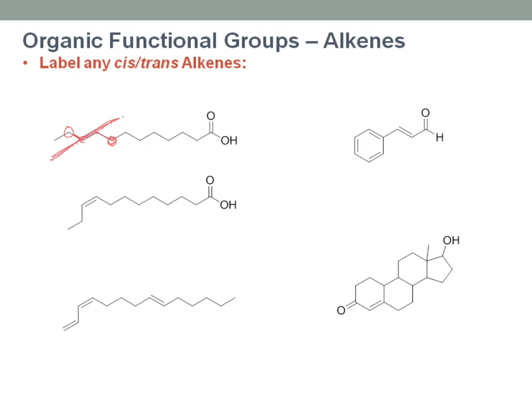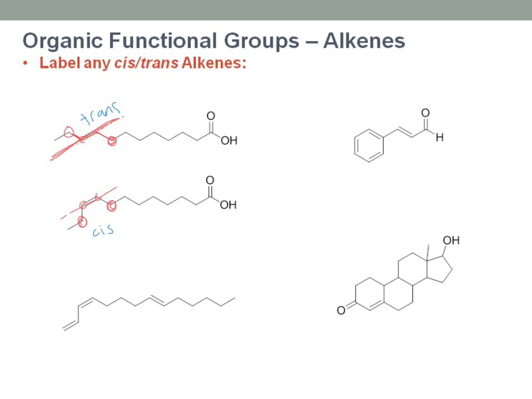Those two groups are on opposite sides, so this must be a trans alkene. If I look at this one, again, here's my C=C double bond. Again, here's that line, but I have a group here and a group here. Those two groups are on the same side of that line, so this must be a cis alkene.